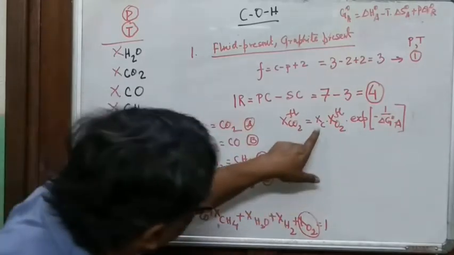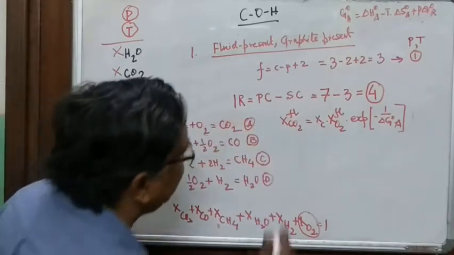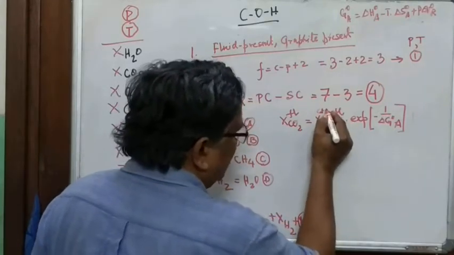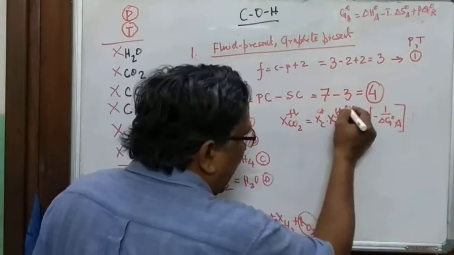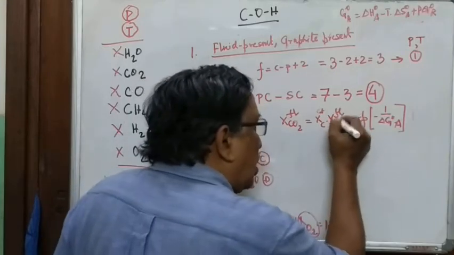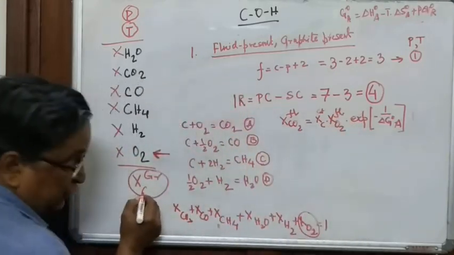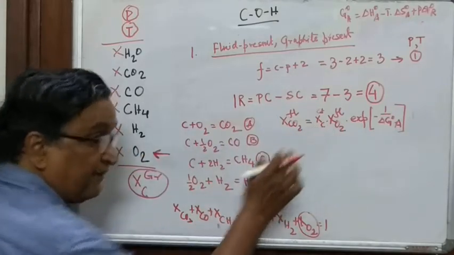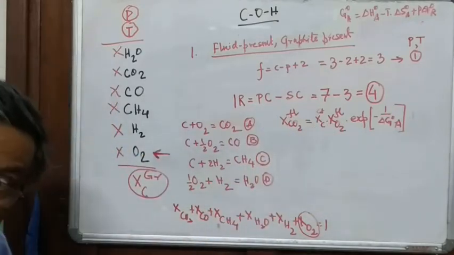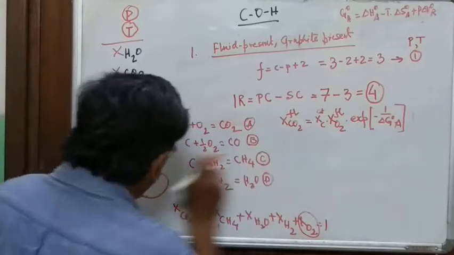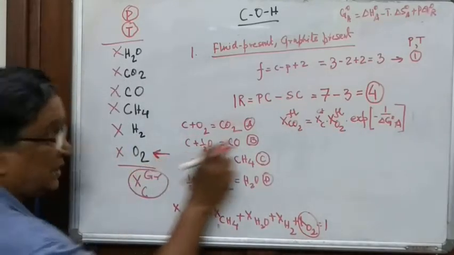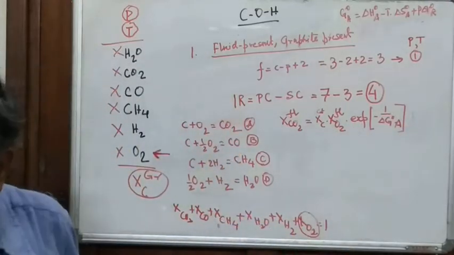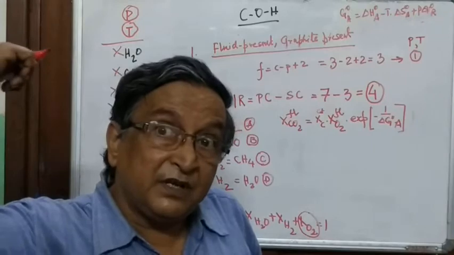And Xc in graphite is 1. So this is known, and this is also known as input. Xc graphite present, the number is known. XO2, I have taken it as an input. I know this value. And this value is a constant at pressure temperature condition, which I retrieved from the minerals.